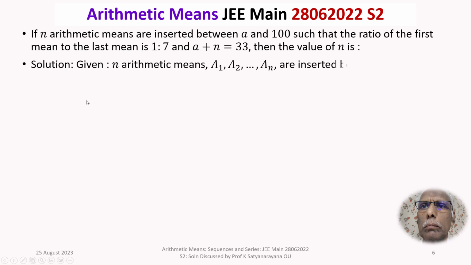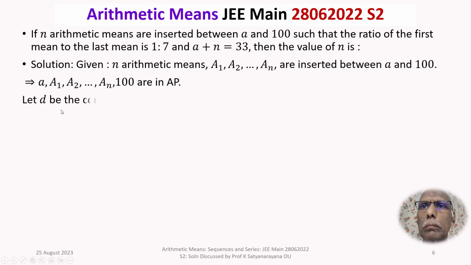We are given that n arithmetic means, let's call them capital A1, capital A2, etc., capital An, are inserted between a and 100. This means a, A1, the first arithmetic mean, A2, the second arithmetic mean, etc., An, the nth arithmetic mean, and 100 are in arithmetic progression.